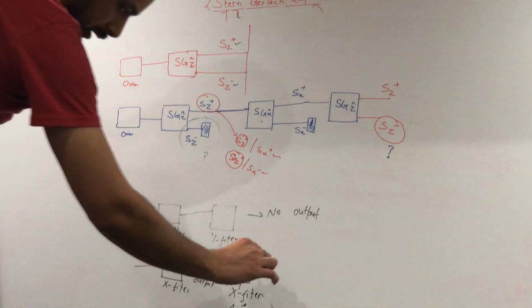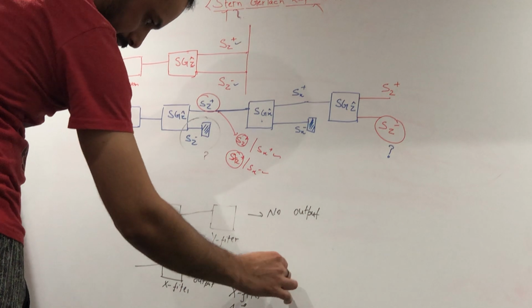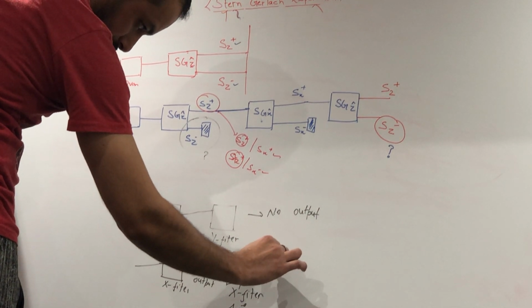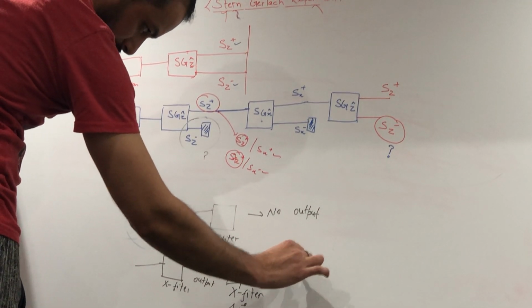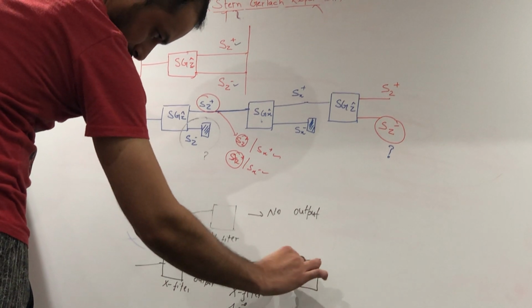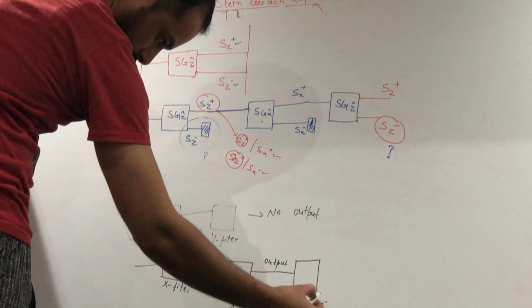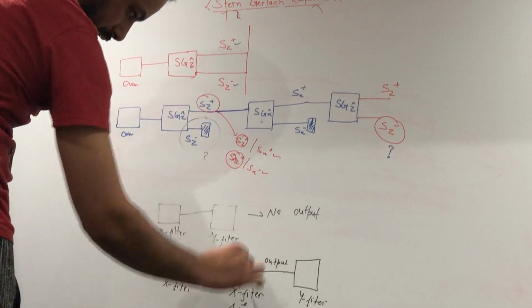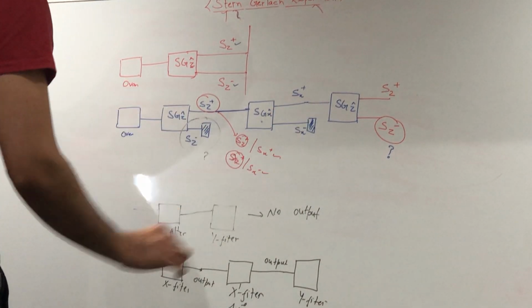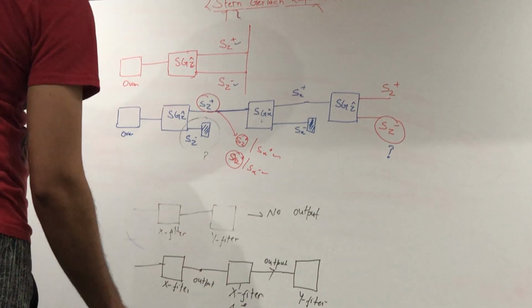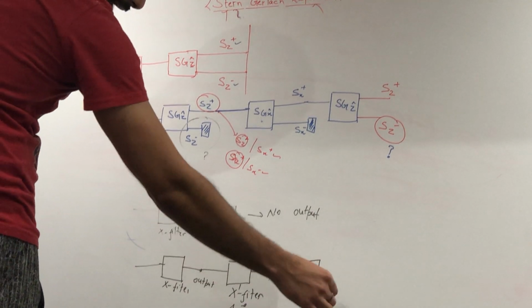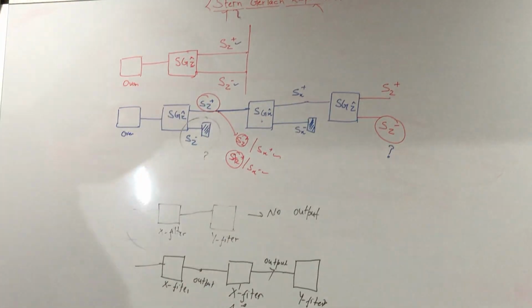I get the output, and now when I pass this light through a Y filter, of course using 100% filters, what's the output?